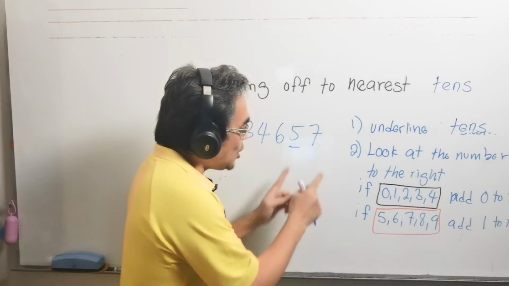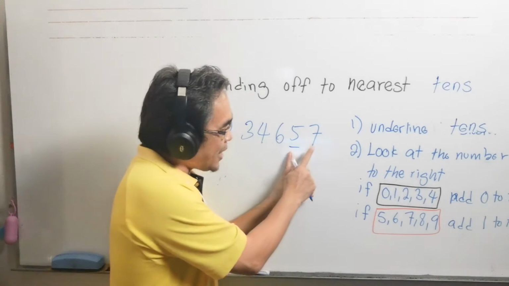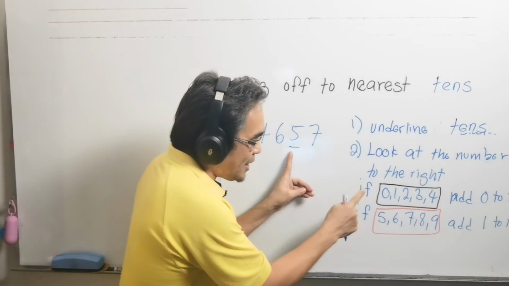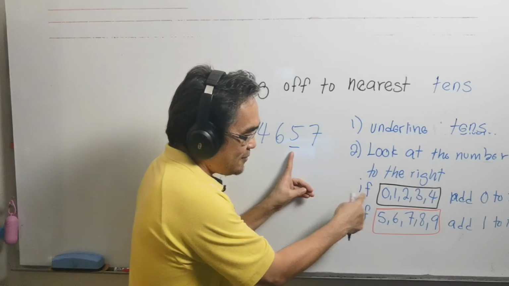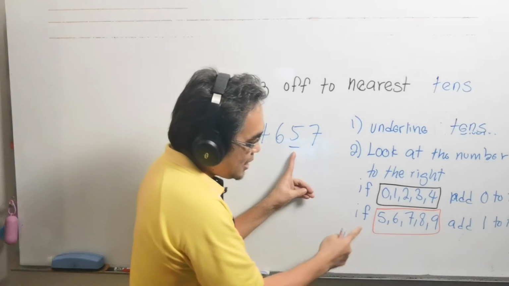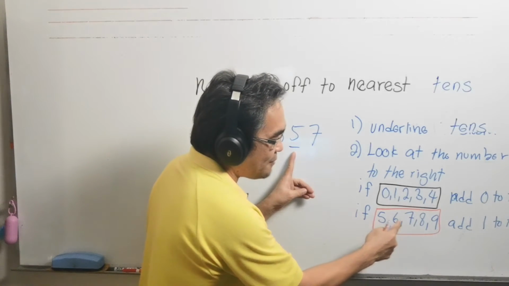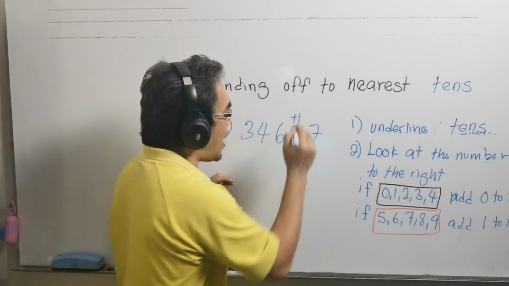Okay? So, after you underline a number, look at the number at the right, whether it is 0, 1, 2, 3, 4. If it is, then add 0. If it is either 5, 6, 7, 8 or 9, then plus 1.